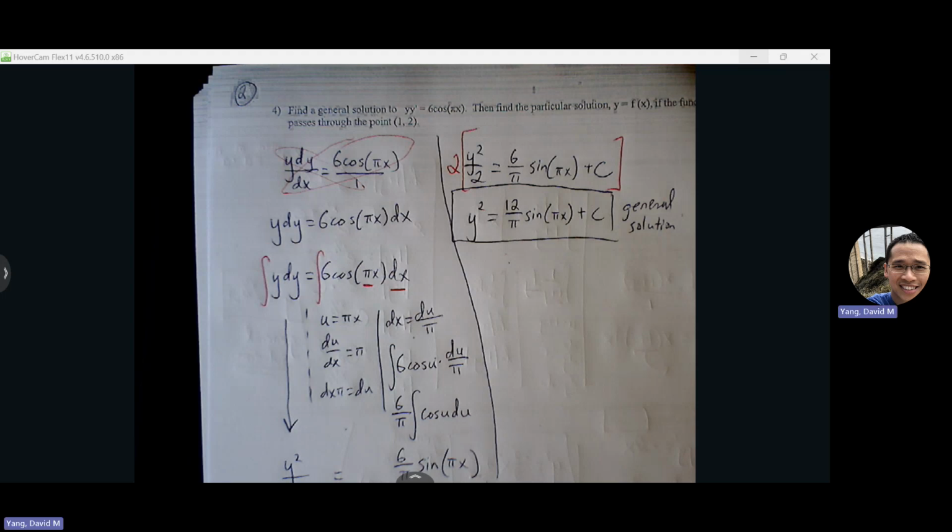All right, so page 2, number 5. So we have y prime equals x plus 1 times y, bottom of the page.